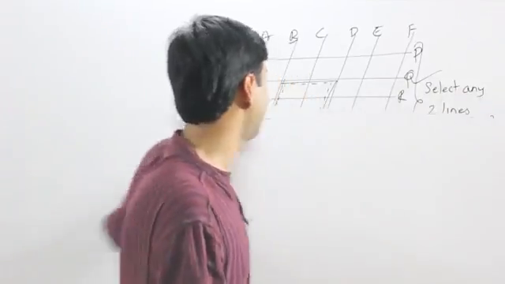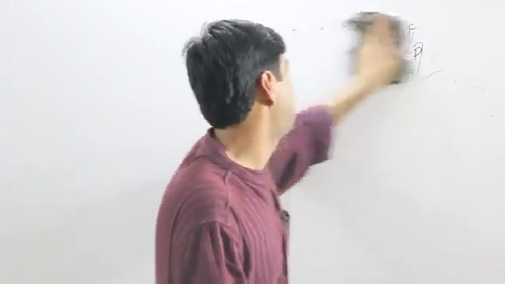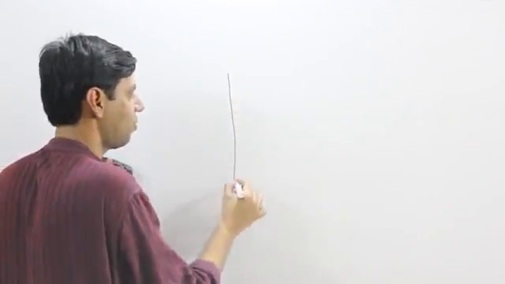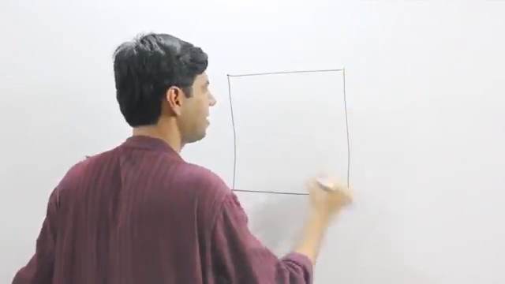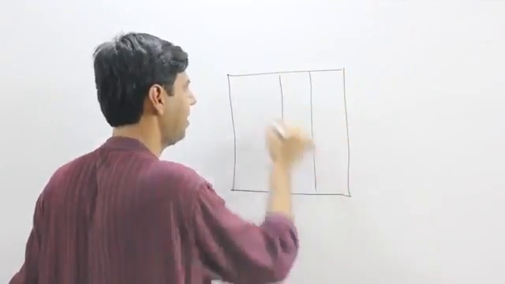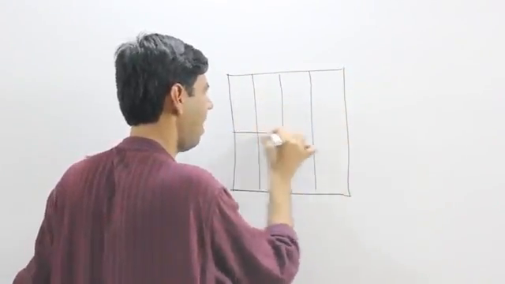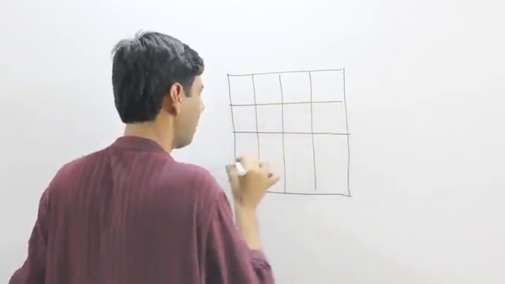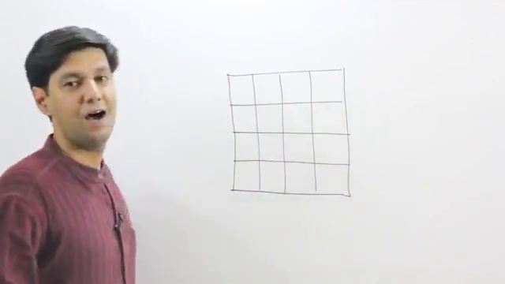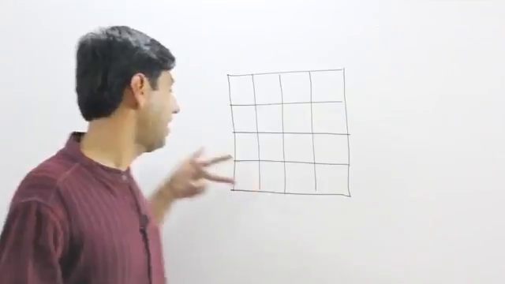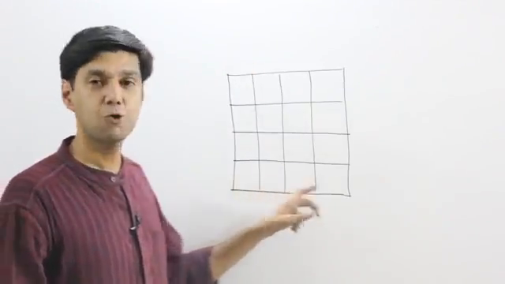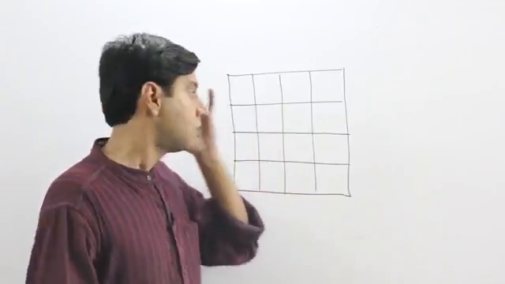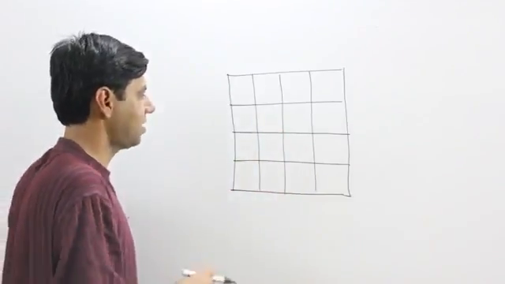Had these lines been perpendicular to each other, it would result in nothing but a sort of chessboard. I'll not draw a complete chessboard, just a part of it. So had they been perpendicular, the parallelograms would have become rectangles, and had they been equidistant from each other, they would become squares, right?